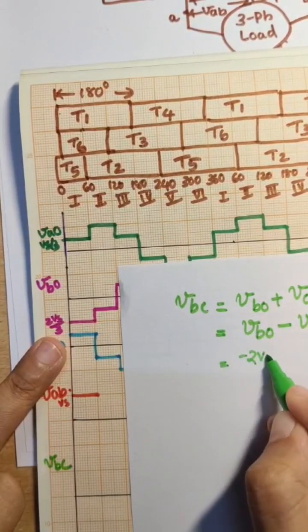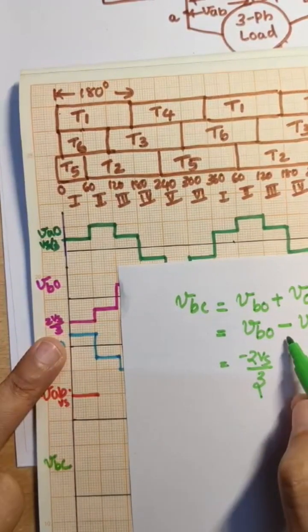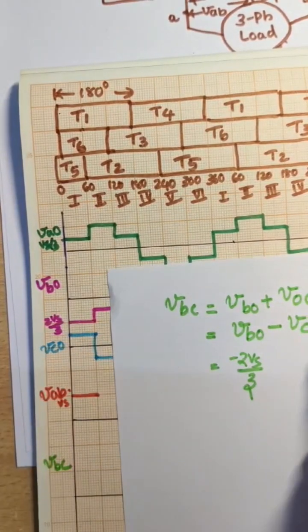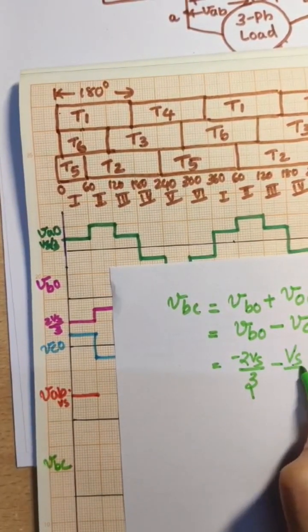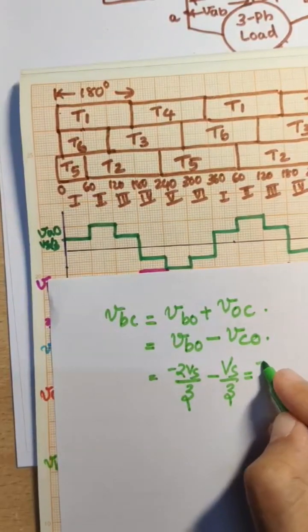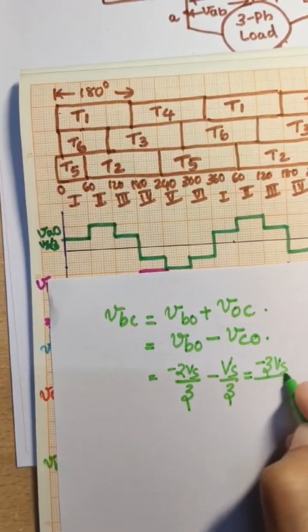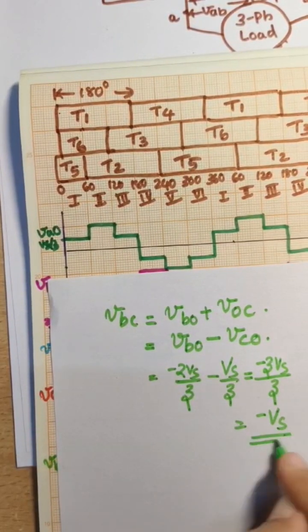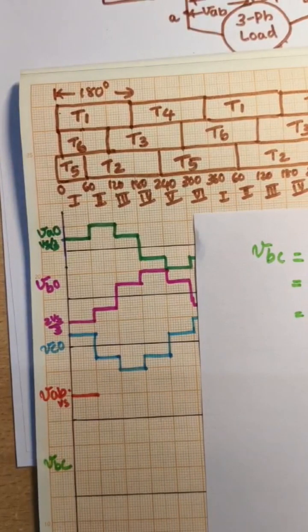So minus 2 Vs by 3 minus VCO. VCO is Vs by 3. So minus Vs by 3, which is equal to minus 3 Vs by 3, which is equal to minus Vs. So we need to draw here minus Vs.